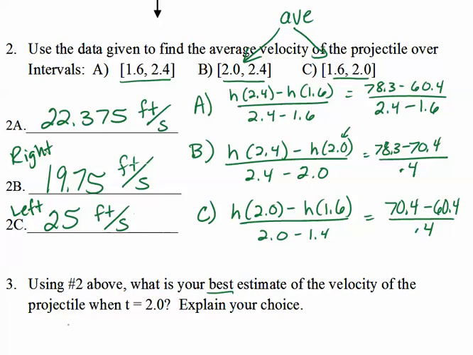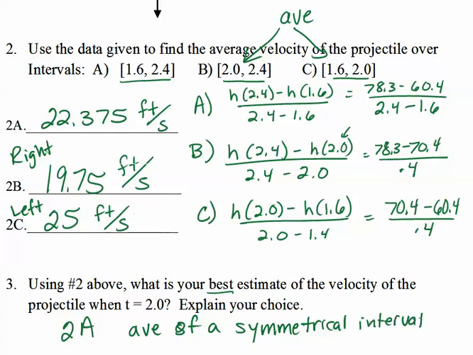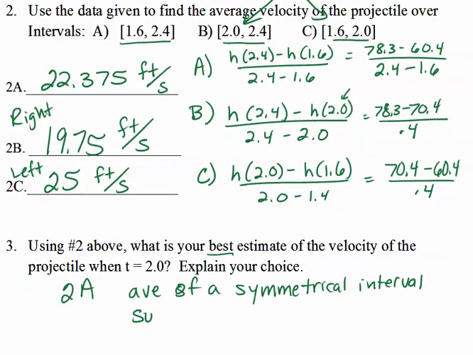I think I would choose the answer for 2A as the best estimate of the velocity because it is the average over a symmetrical interval surrounding 2 seconds. We might want to say it's the average velocity, I should be more specific.